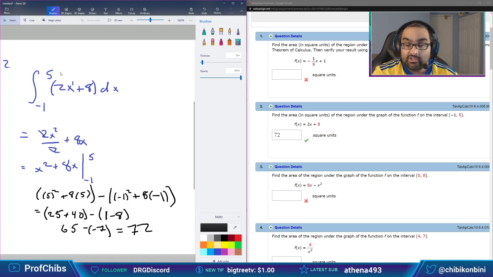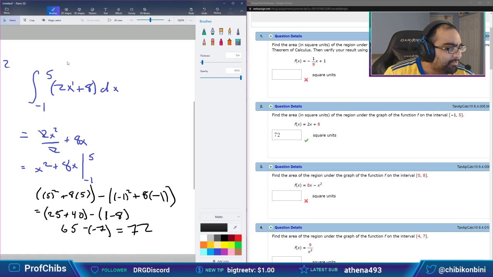The reason why it's okay to get negative area is because positive area represents the curve above the x-axis, and negative area talks about the curve below the x-axis. I know it seems strange because obviously negative area in the conventional sense doesn't make any sense. But since we're just defining it based on above the x-axis or below the x-axis, that's essentially why negative area is okay. All right, so don't be surprised.